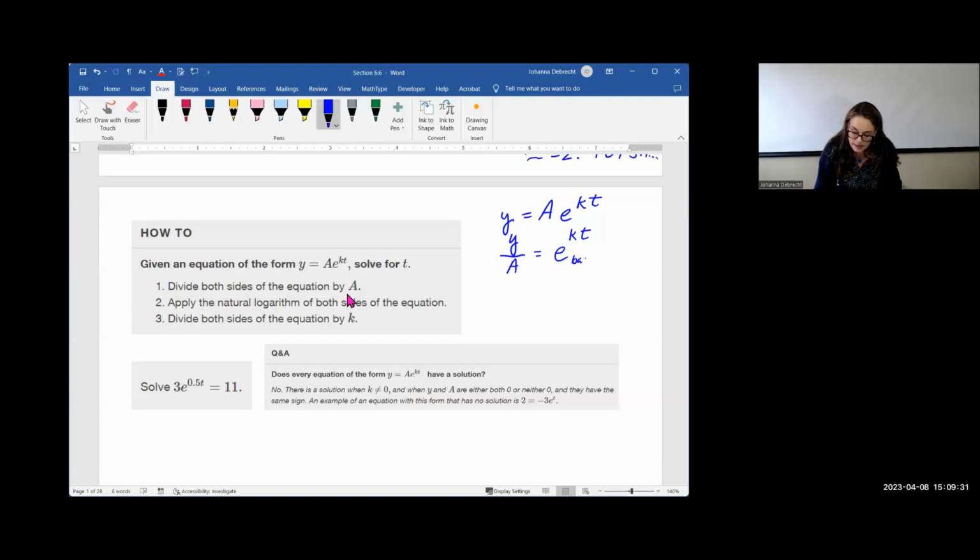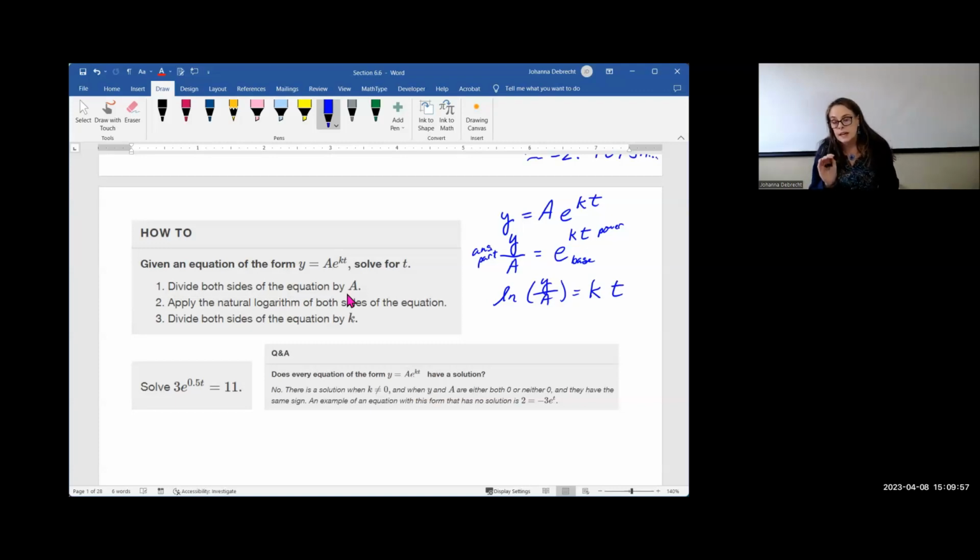Remember, this is my base, this is my power, and this is the answer part. And I can switch the form and say that the natural log of y over a is equal to k times t. Now I've got the t down to the line, so I can solve for t by dividing both sides by k.